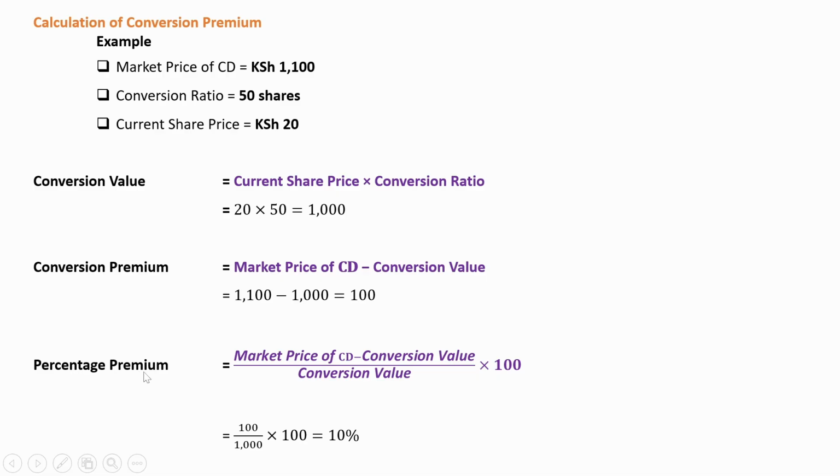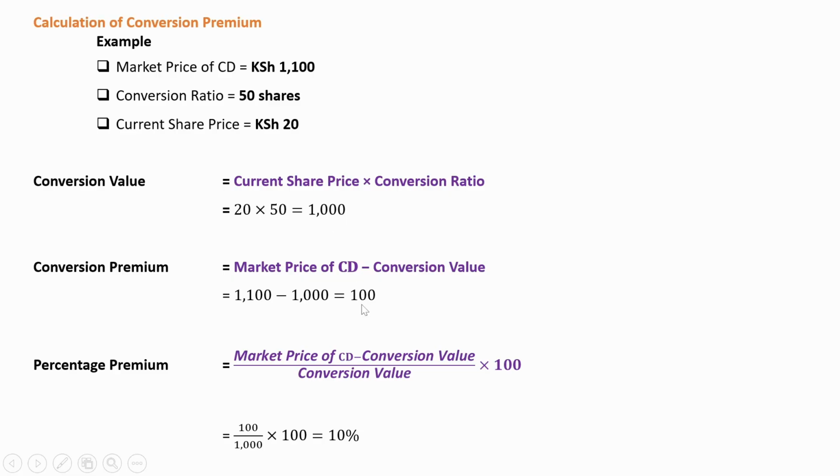So percentage premium is given by the market price of convertible debenture minus conversion value, all divided by conversion value. Or in other words, just take the premium that you have calculated, 100, and divide it by the conversion value, which we have already calculated, 1000.